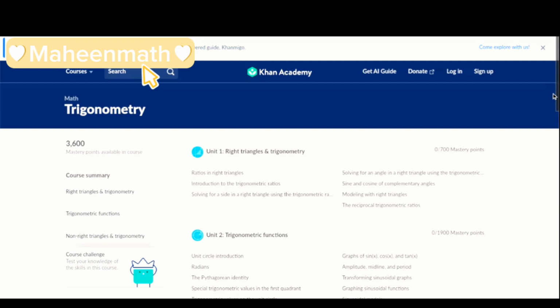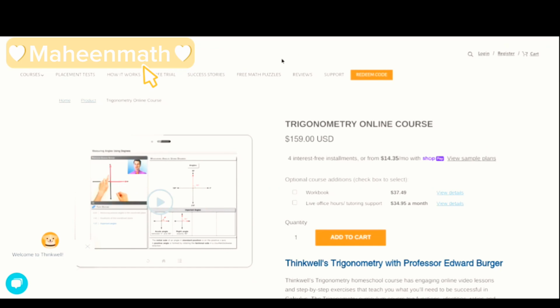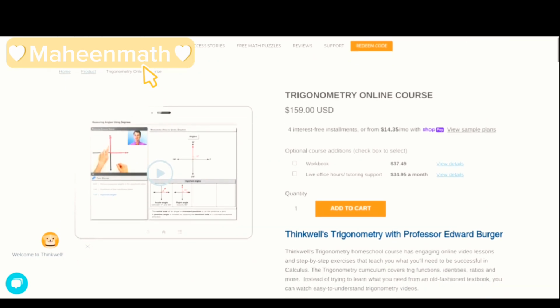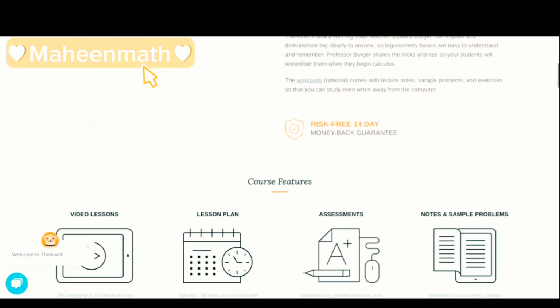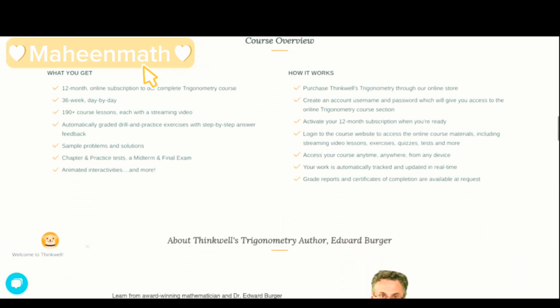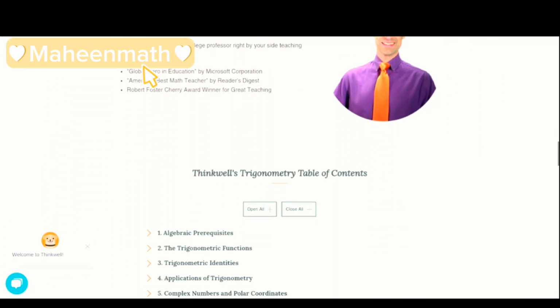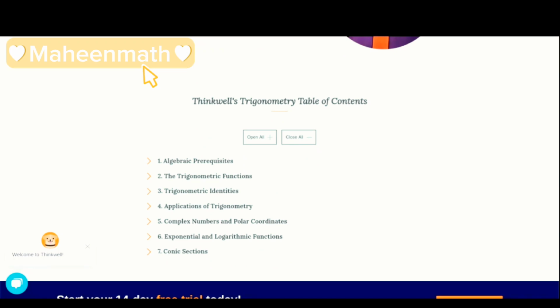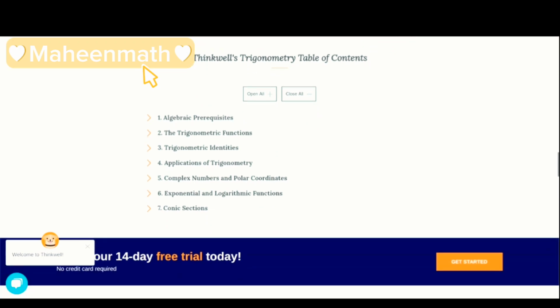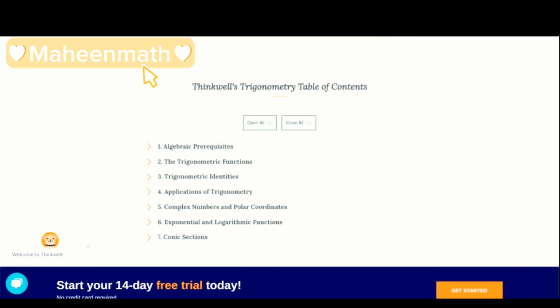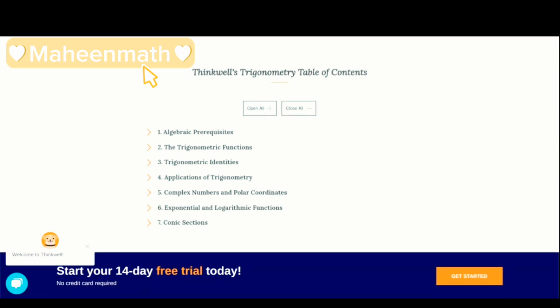Now, once you're done with this particular course, then I recommend going back to Think Well Homeschool and taking their trigonometry online course. And I think this solidly builds off the foundation of your basic algebraic concepts as well, and it'll further build on top of how those algebraic concepts relate to trigonometry, which is why I generally recommend taking this course second after you finish the Khan Academy one.